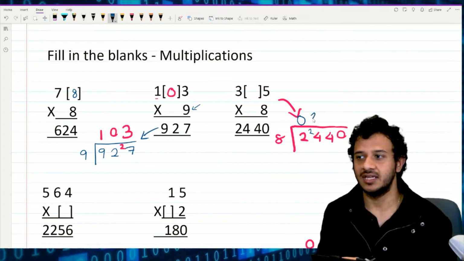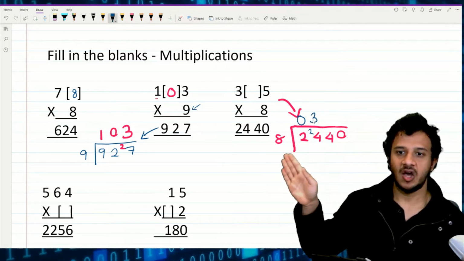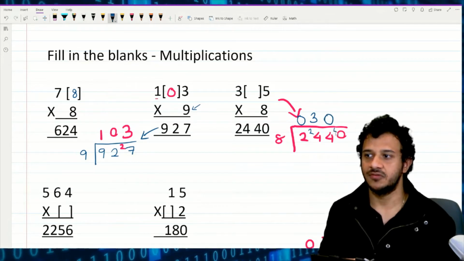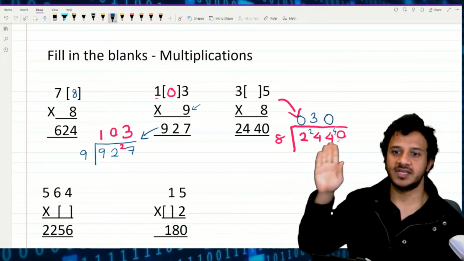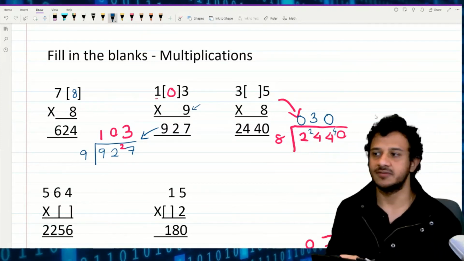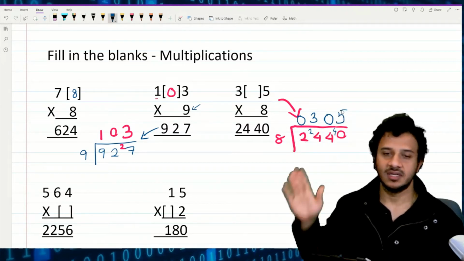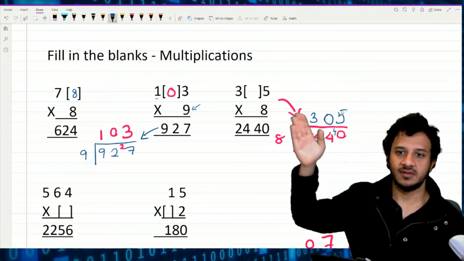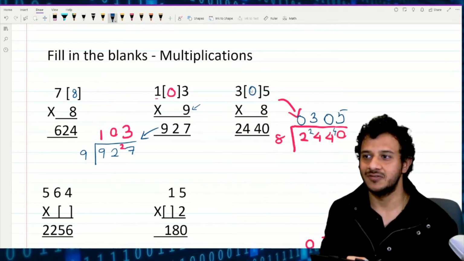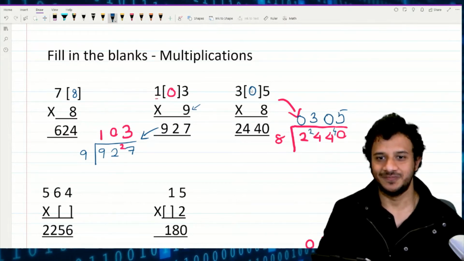That's a 3, nothing left over. How many 8s can go into a 4? That's a 0, left over 4. How many 8s can go into 40? 8, 16, 24, 32, 40. That's a 5. So what is this? 305. 3 is given, 0 is not given, 5 is given. So this should definitely be a 0.